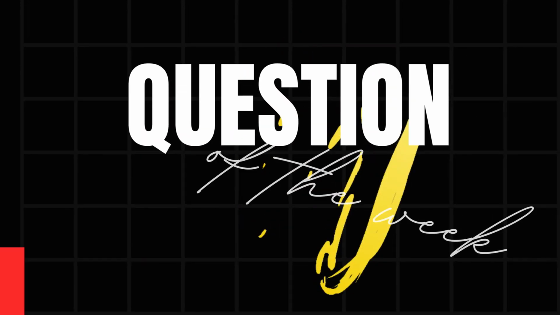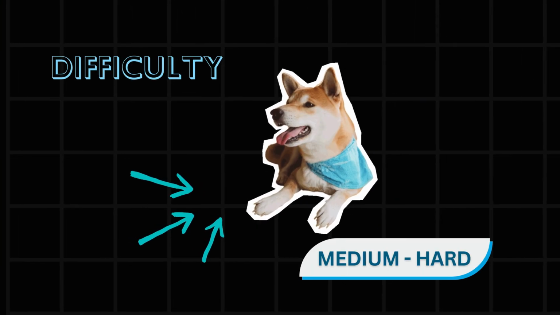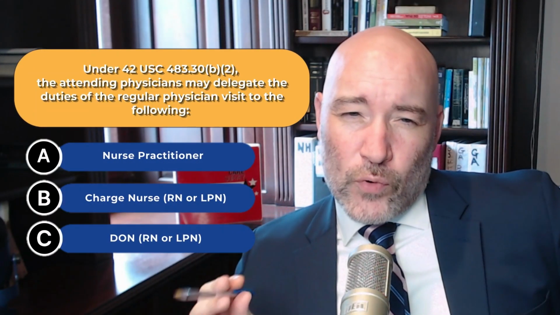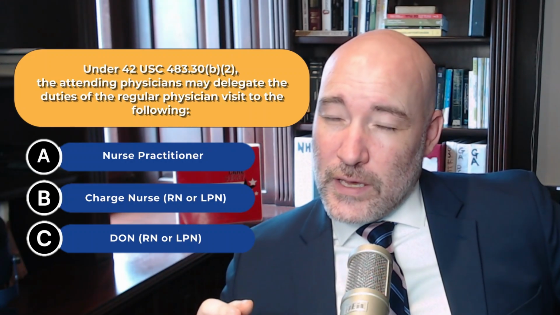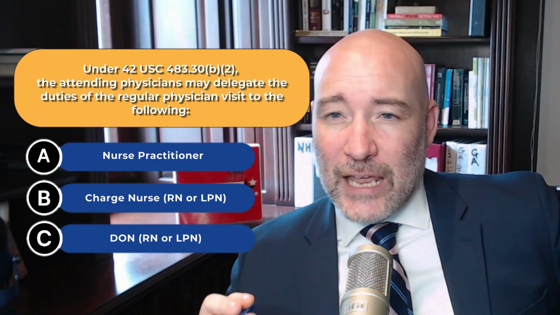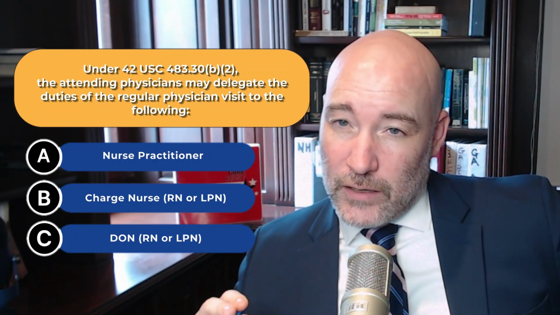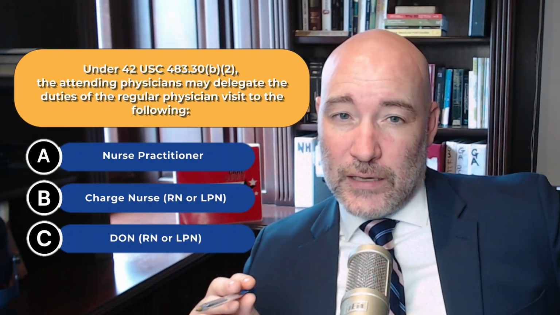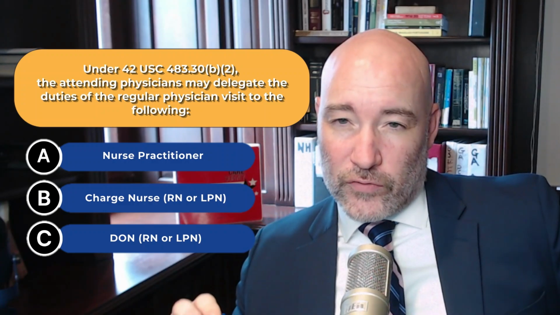So this week's question, I'm going to say this is medium difficulty. If you get this one right, give yourself 45 points. Under 42 USC 483.30B2, the attending physicians may delegate the duties of their regular physician visit to the following person: A, the nurse practitioner, B, the charge nurse, whether an RN or an LPN, or C, the director of nursing.